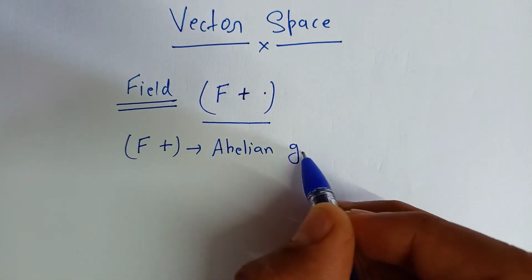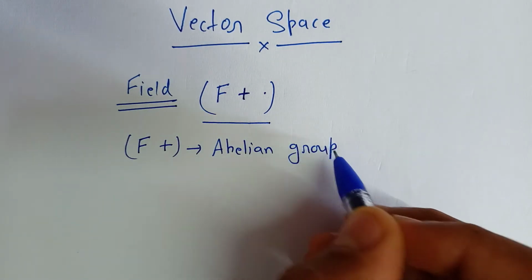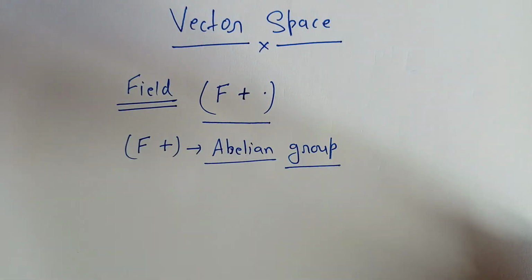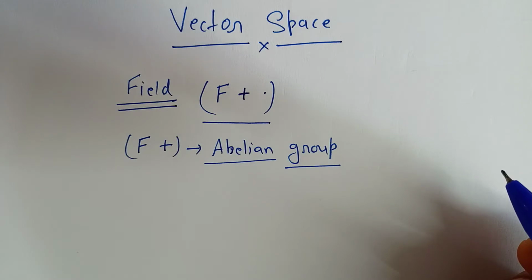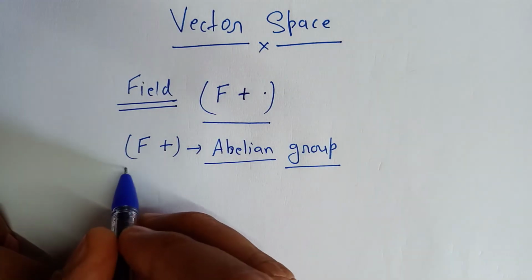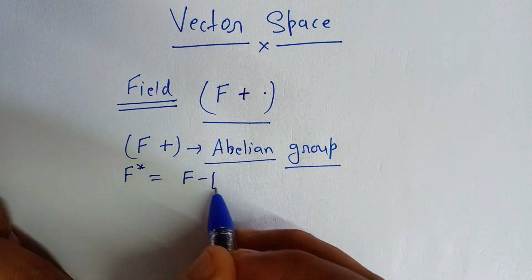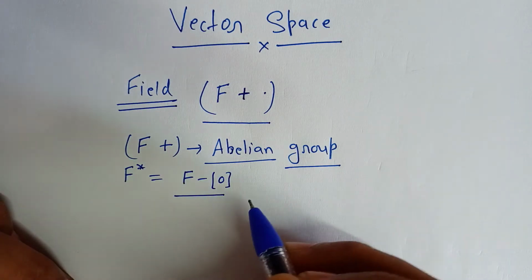Fine, abelian group. In the last video we have seen the definition of abelian group, that is associative, identity, inverse and commutative law. Fine, so (F, +) forms the abelian group and F star. So your F star is nothing but F minus 0 with multiplication sign.